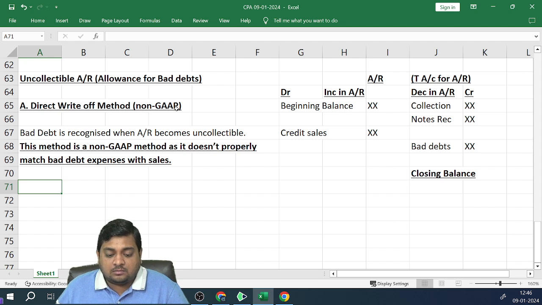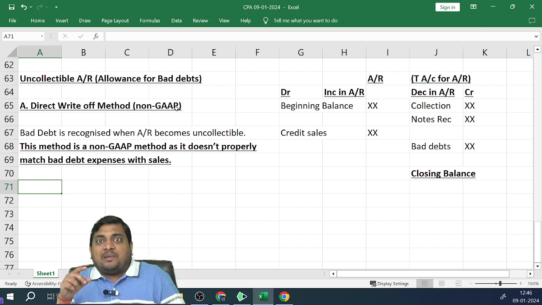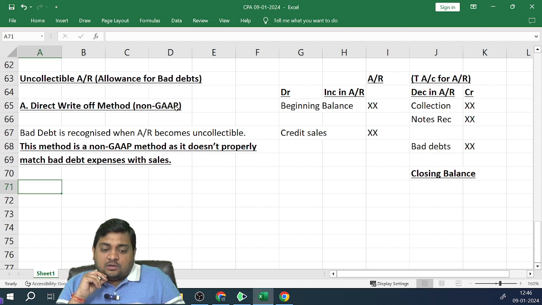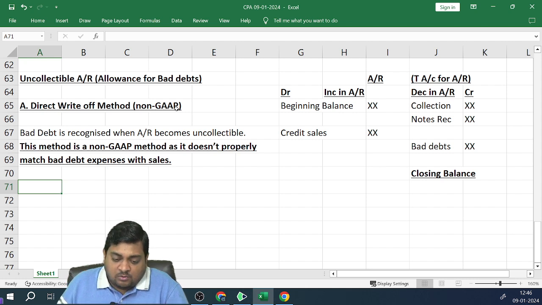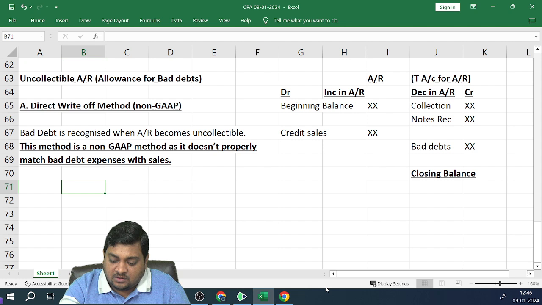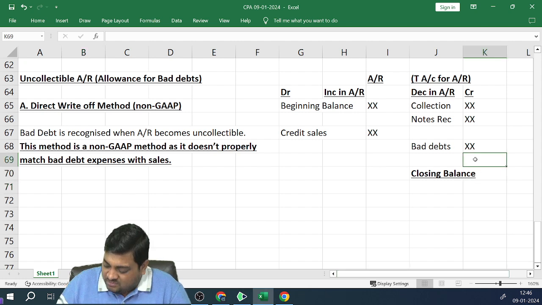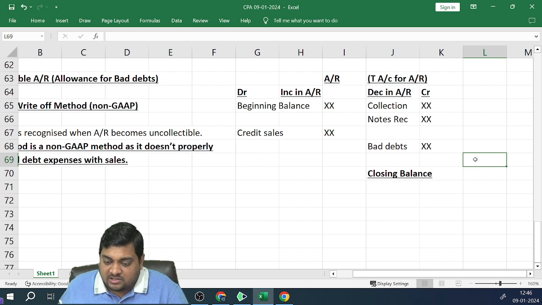As per matching principle, I had already told you, what is this matching principle? Let me just show you a small example of matching principle.